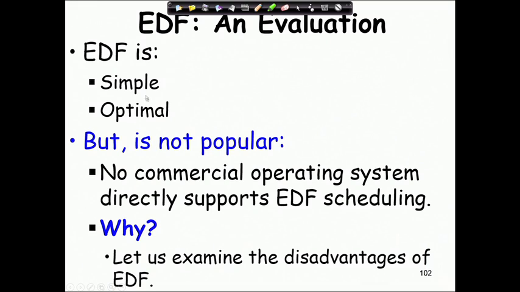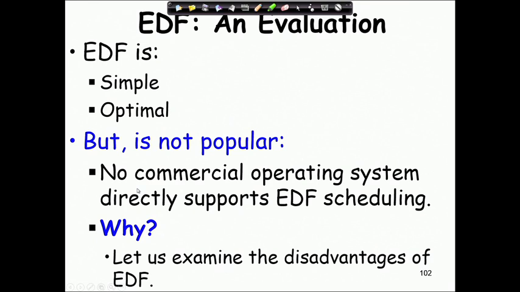EDF, we saw that it is the optimal algorithm. There can be no other algorithm which can schedule a set of tasks if EDF cannot. It is a very simple algorithm. At every scheduling point, just check which has the shortest deadline and then take that up for execution. But it is not popular, it is rarely used in applications.